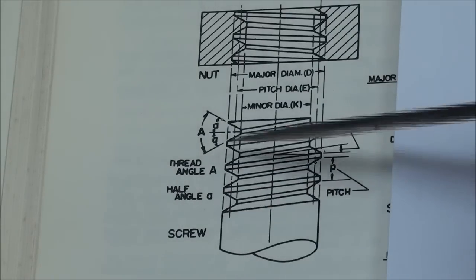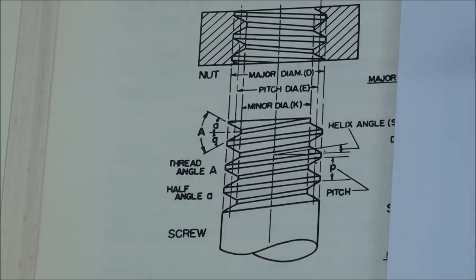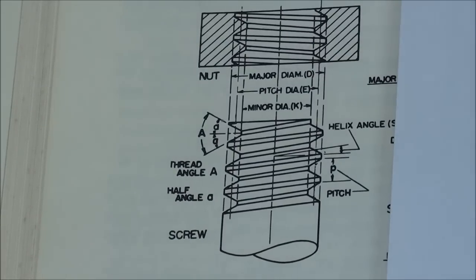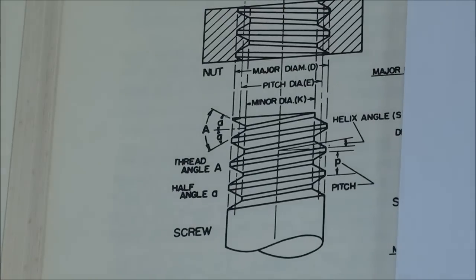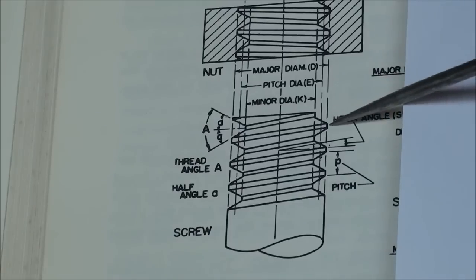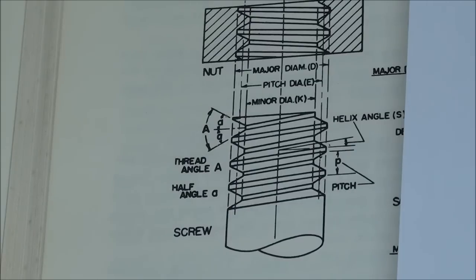Well, there's some other things mentioned here too, the thread angle and so on, but one of the main ones you need to know is the pitch diameter. And the pitch diameter is nothing more than an imaginary line that is halfway between the crest and the root, and measuring that determines how accurately a thread is made, and that's often what they're using in industry, is the pitch diameter.